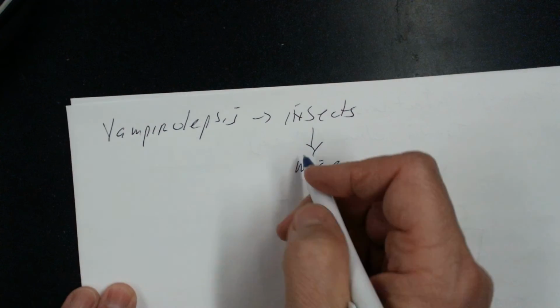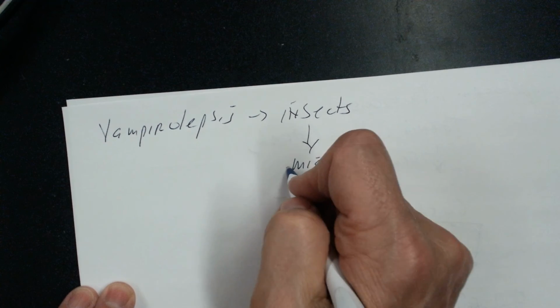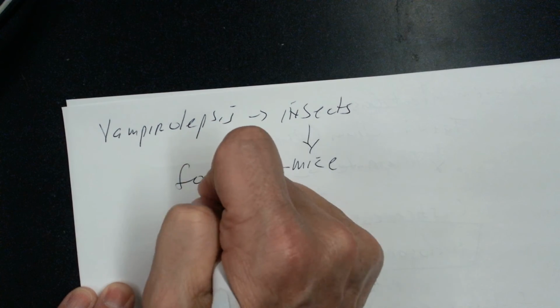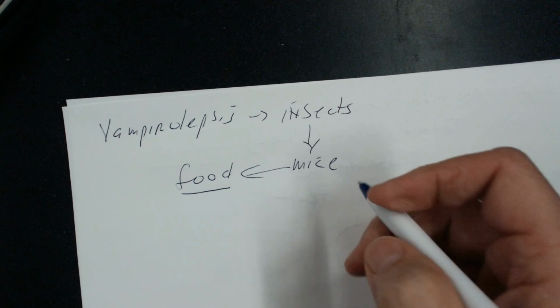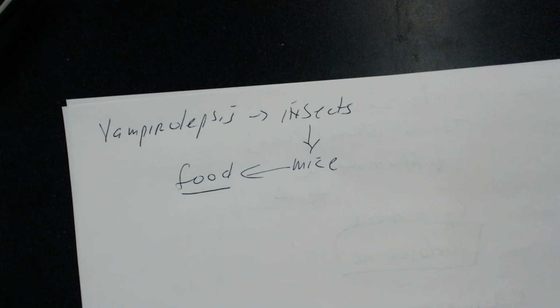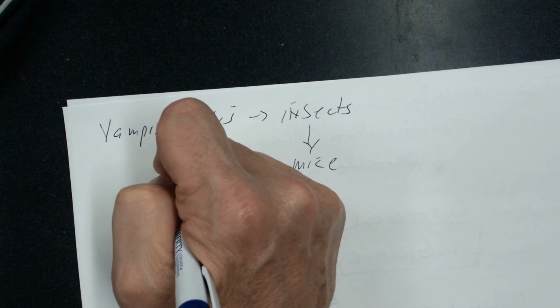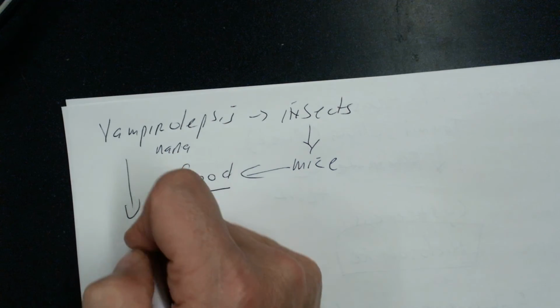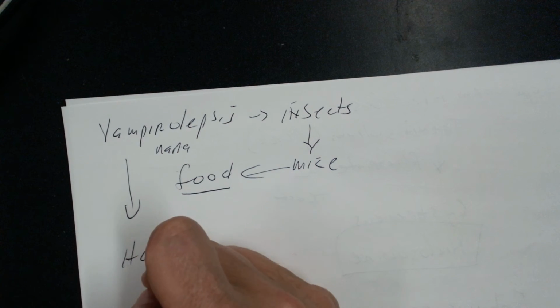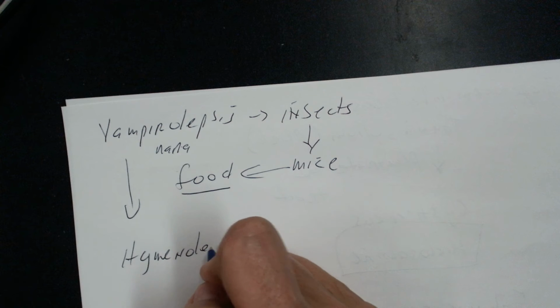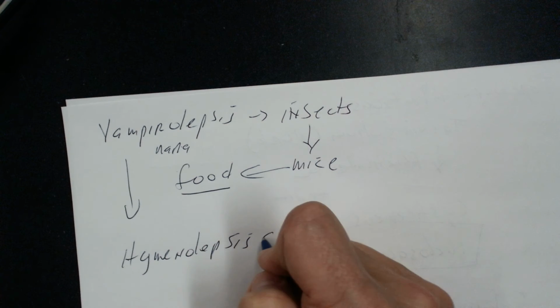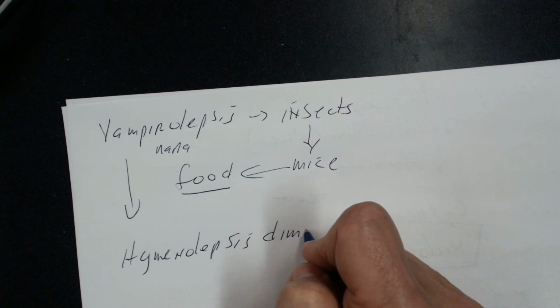And then the mice, with their feces, may contaminate food if they get into your food. And there's Hymenolepis nana, it's called. There's a closely related species called Hymenolepis diminuta.